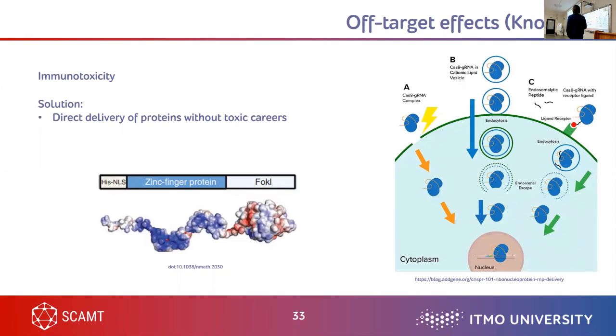If we want to solve the problem of immunotoxicity, we can use native forms of proteins. A zinc finger protein can be directly delivered into the cell, and there is the CRISPR-Cas ribonucleoprotein form, without plasmid, directly delivered into the cell.